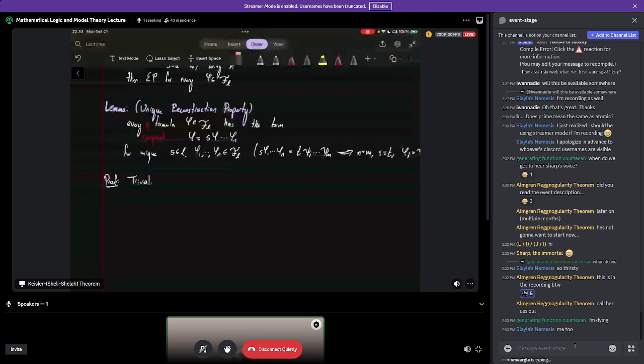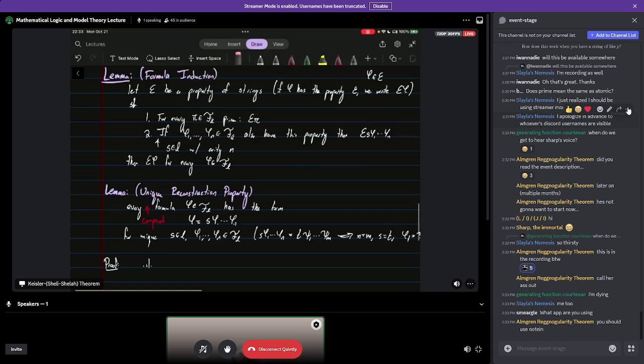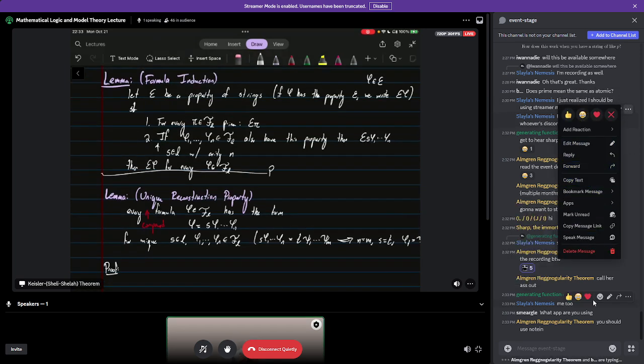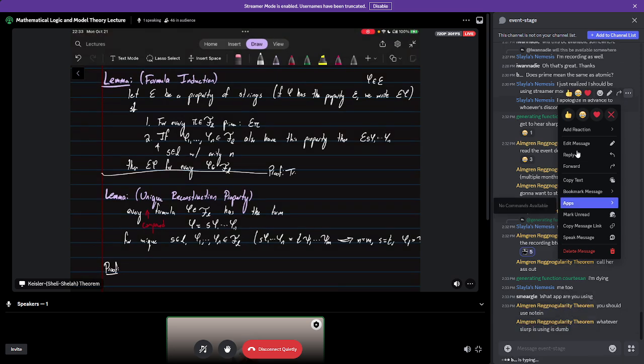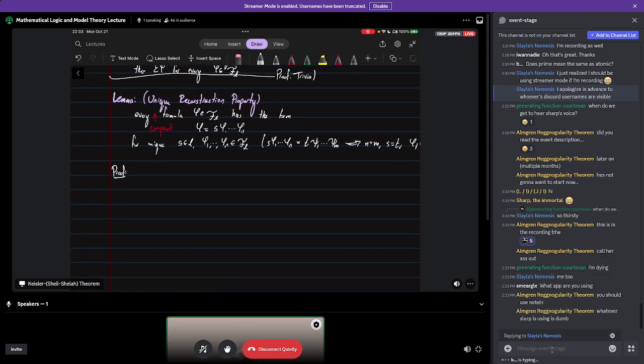Oh, no, sorry, my bad. The proof is not trivial. I was thinking of a different thing. The proof of this lemma is trivial. This proof is non-trivial. The unique reconstruction property is a very important property whose proof is non-trivial.